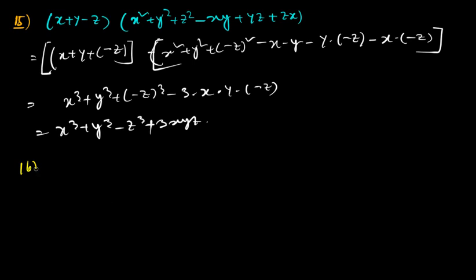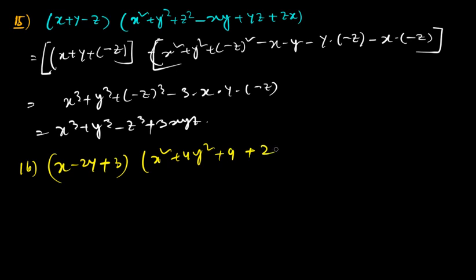Now question number 16. The same type of question is given: x minus 2y plus 3, times x square plus 4y square plus 9, then 2ab, 2bc, so plus 6y minus 3x.